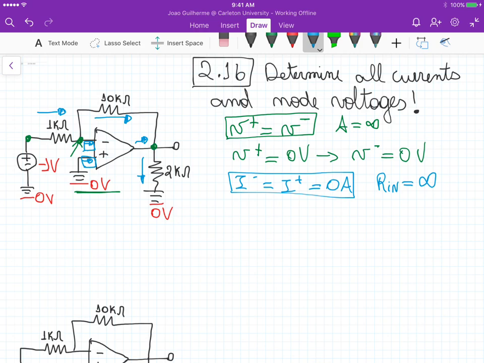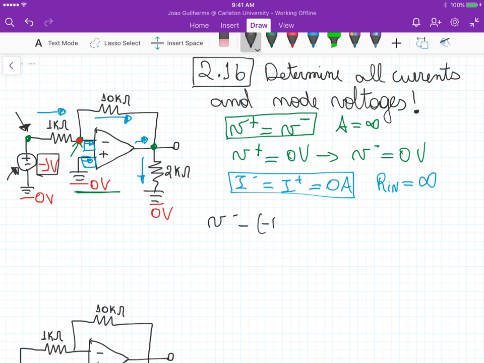Now we need to apply nodal analysis and figure out the voltage transfer function. If we start analyzing this node here, let me use red, we know that V minus, the potential at this terminal here, in our case is minus 1 volt because this voltage source forces that to be true.